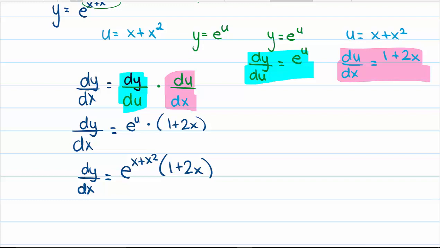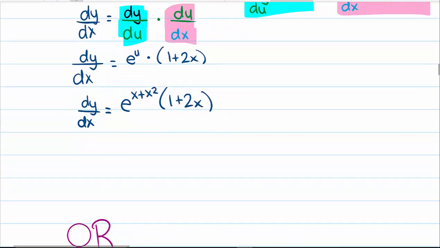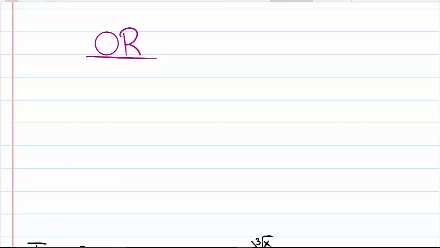I'm going to show you another way to take the same derivative. So that's the Leibniz way, using the chain rule. I'm going to show you the Newtonian way. So if we have y is equal to e to the power of x plus x squared, remember that the derivative of e to the x is just itself.